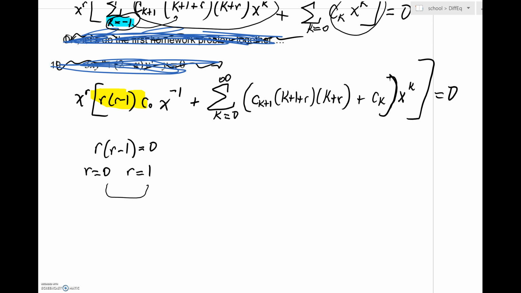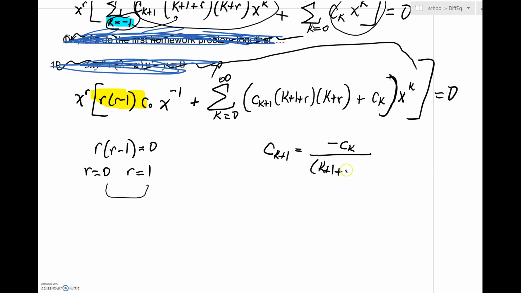Well, let's go back to our sigma, this sum right here, and I don't think it's too much of a stretch for us to solve all in one fell swoop.